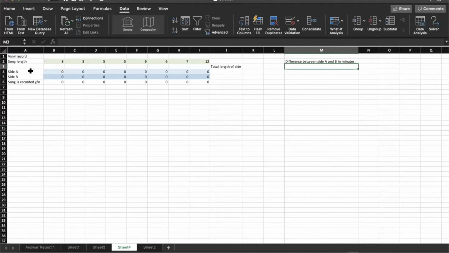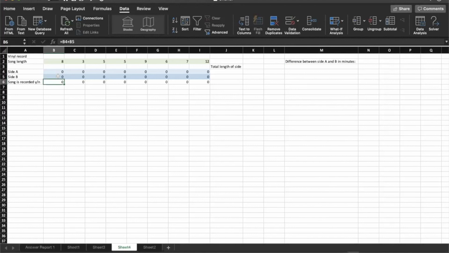The first blue row is side A, if the song was recorded or not, so this would have a value of 0 or 1, and the same for the second blue row, which is for side B. And song recorded or not is just the sum of the two binary values on top of it.